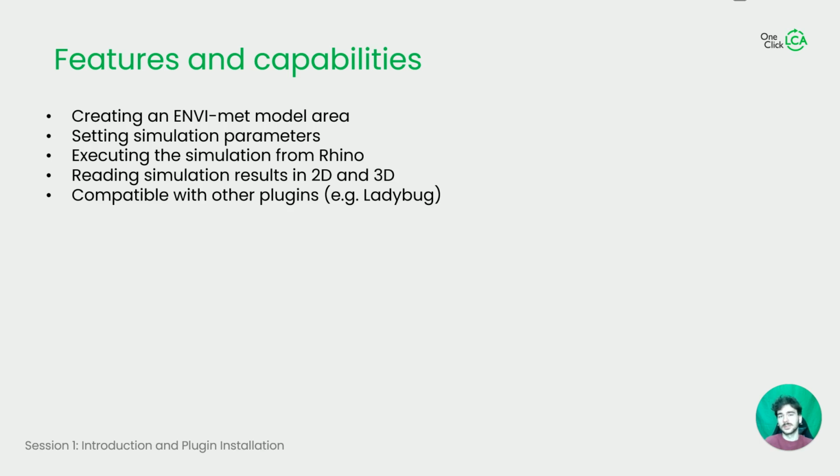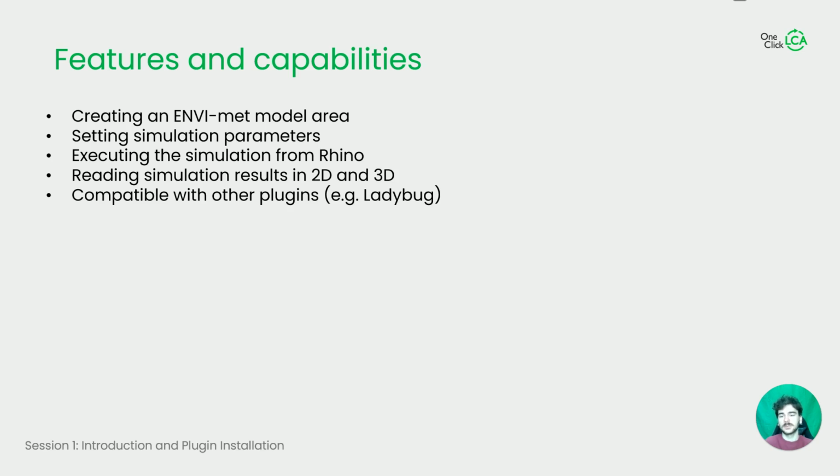Then you can set up different simulation parameters, and with the Morpho plugin, it's quite easy to quickly change those parameters and run multiple versions of your model. Then you can run the simulations from within Rhino just with a click of a button, and after they're finished, you can load them into Rhino and visualize the results in many different ways.